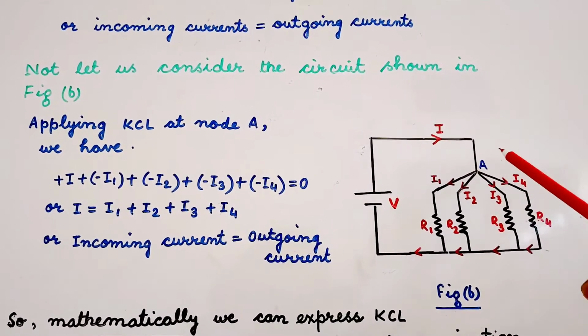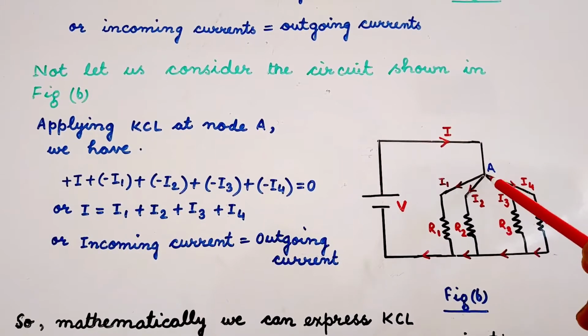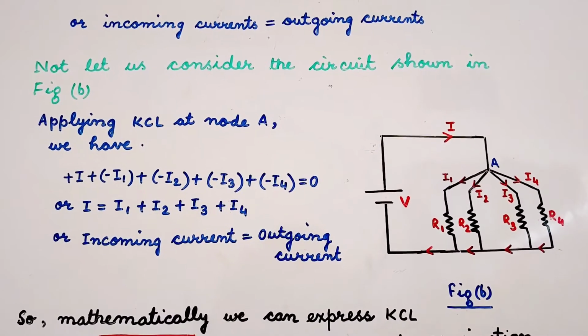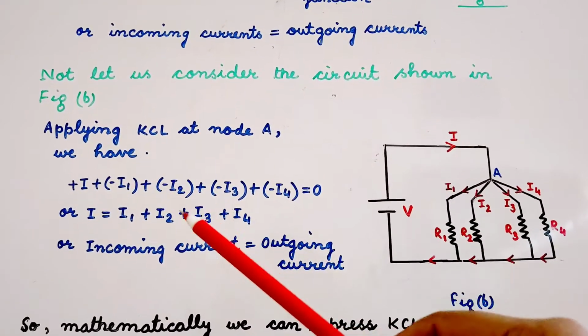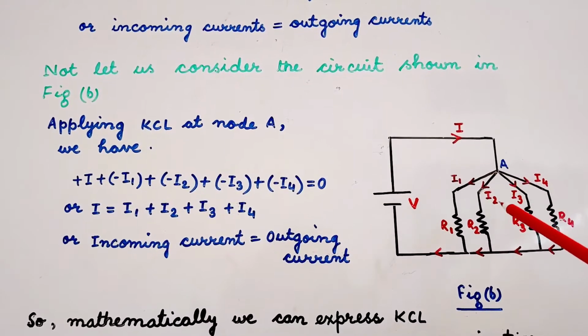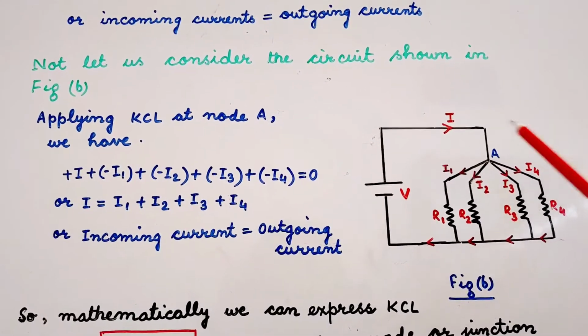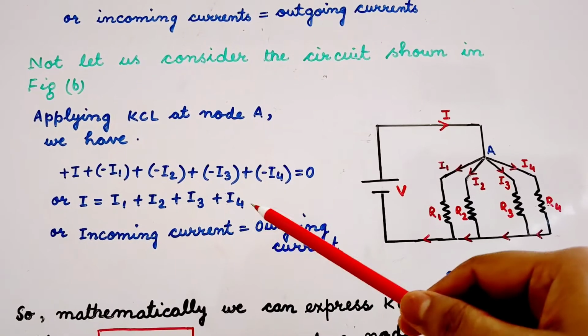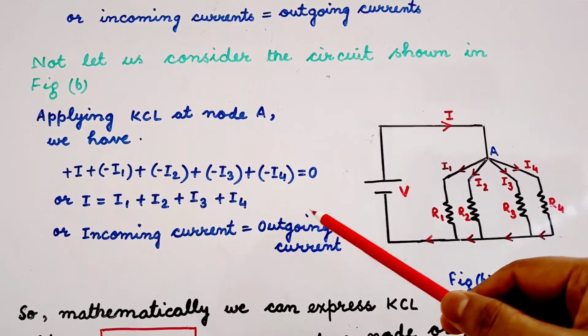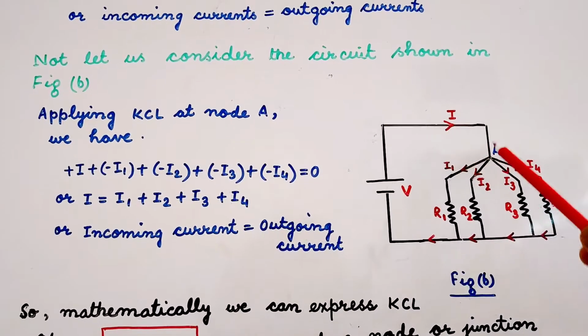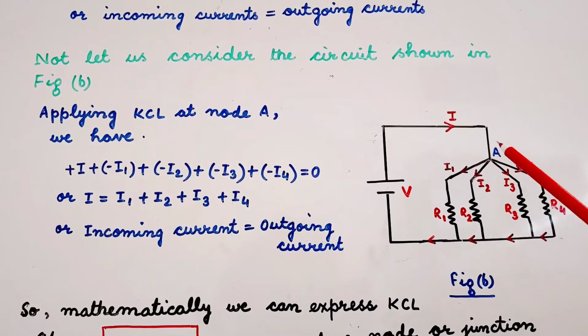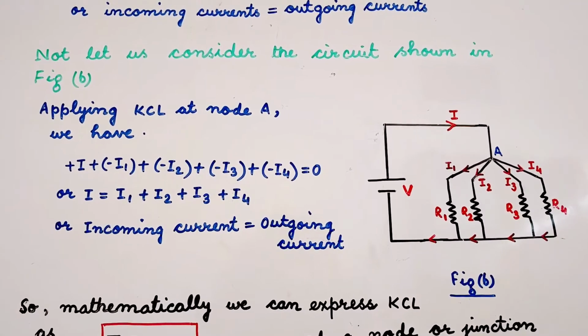If we take the algebraic sum of the currents at this node A, then we find I plus (minus I1) plus (minus I2) plus (minus I3) plus (minus I4) is equal to 0, or I is equal to I1 plus I2 plus I3 plus I4. So we find that the incoming current is equal to the sum of the outgoing currents.